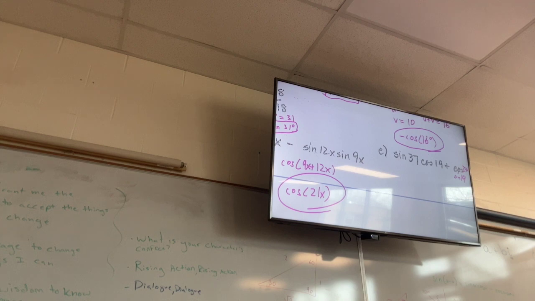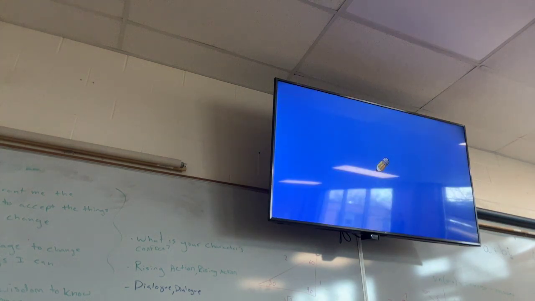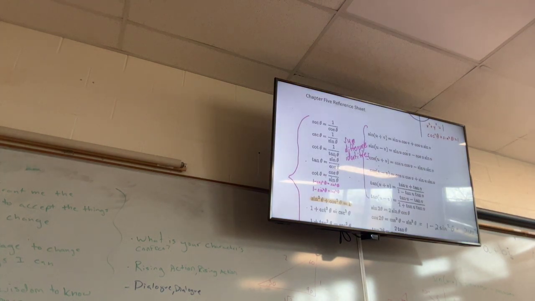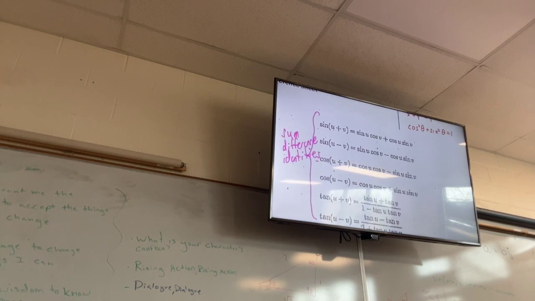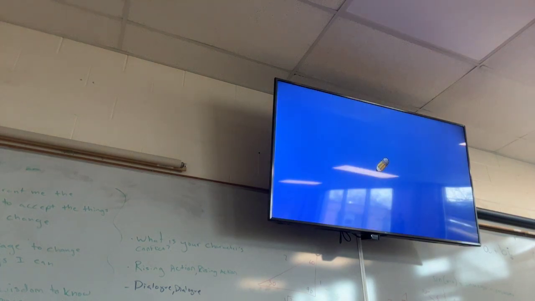So looking at my identity sheet here, which one gives me a sine times cosine plus a cosine times sine? Yeah, sine of u plus v.